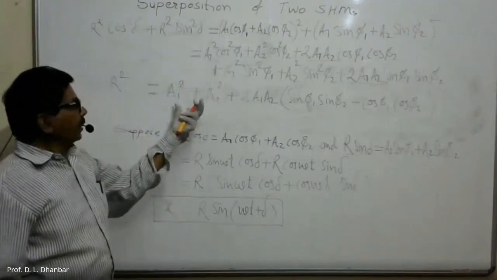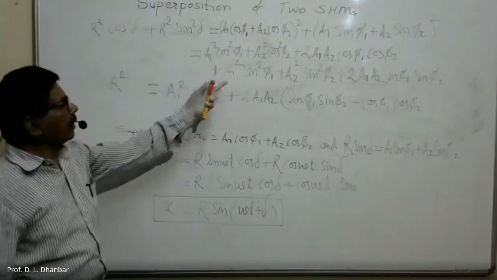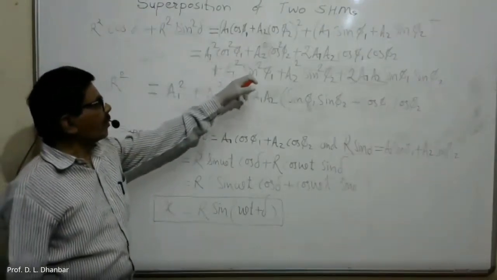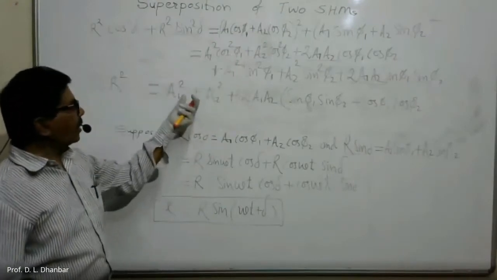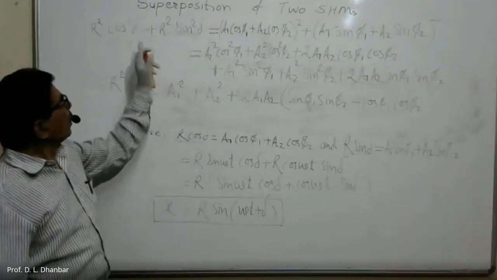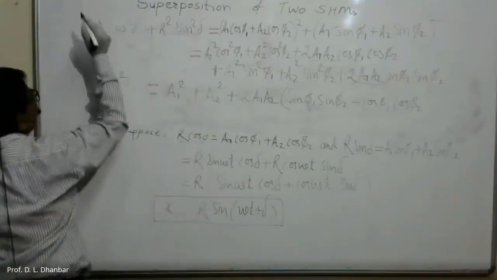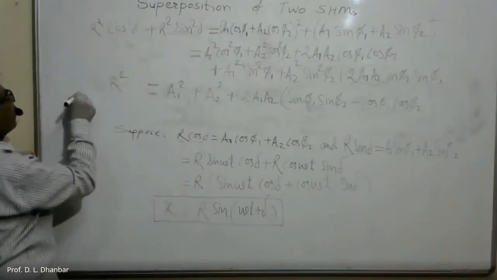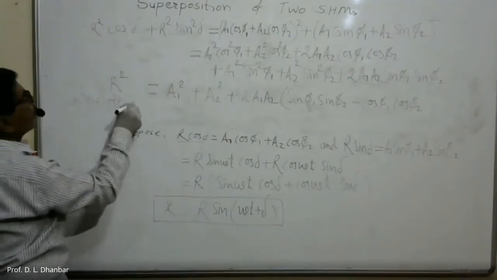So I think this is the simplified equation of this equation, because here it is A1 square, here also it is A1 square. So sin square phi 1 plus cos square phi 1, if you take out A1 square as common, then you will get A1 square into 1. The basic identity is sin square theta plus cos square theta is equal to 1.